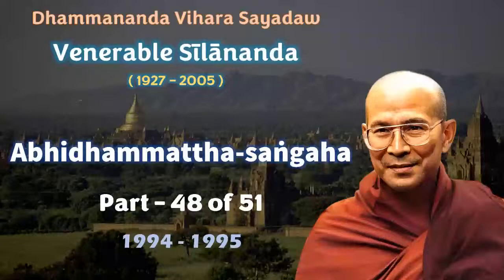You can be attached to your ignorance. And so in that case, it is a condition of aramana, object. If you take the avijja intensely, then it can be aramana adhipati and aramana upanisya.